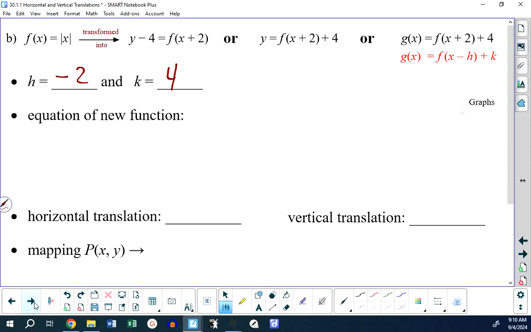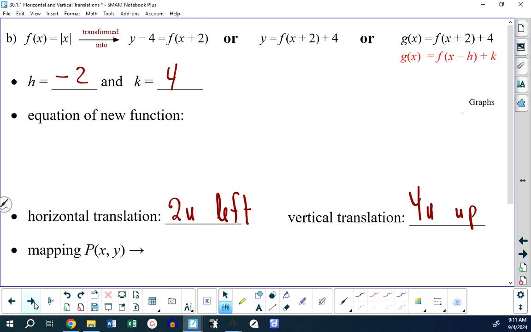But k, or q, was just the number that was there. That's where this is coming from. So if we had to make a prediction, whatever this original function looks like, our prediction, based on what I've told you, is that this function should be shifted 2 units left and 4 units up.